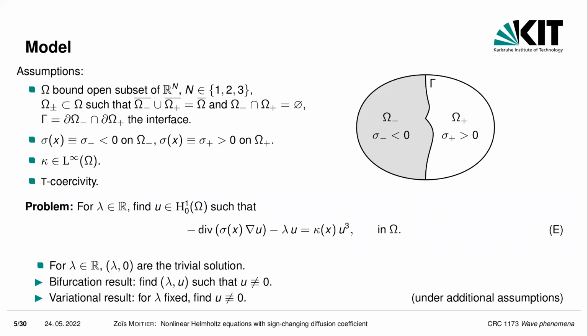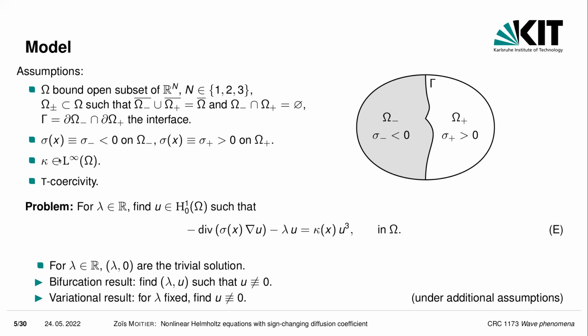And I assume that this bounded set Omega is split into an Omega minus part and an Omega plus part. And the interface between the two is denoted Gamma. And we have a function sigma, such that sigma is negative in the Omega minus part and positive in the Omega plus part.